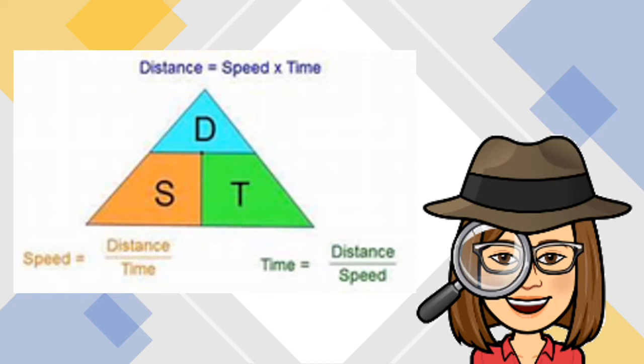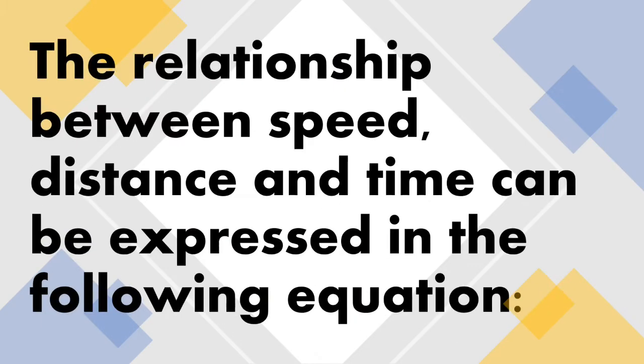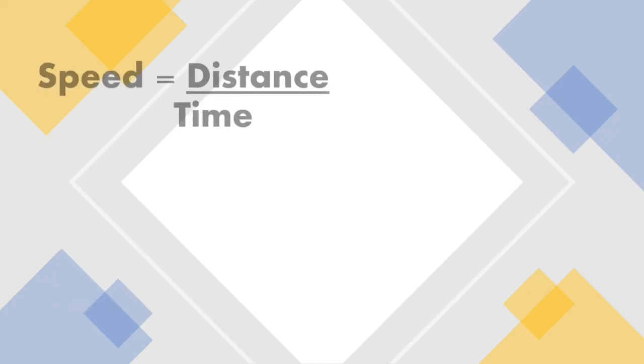The formula in getting the distance is equal to speed times time. The speed is equal to distance divided by time. And time is equal to distance divided by speed. The relationship between speed, distance, and time can be expressed in the following equations.